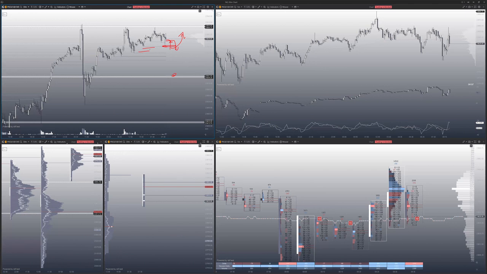At the moment on NQ it's not so easy because we have such a big inside day, and this is the problem. The best play is to take a short if it tests and reverses, or maybe if it makes some price action, some lower lows and lower highs.